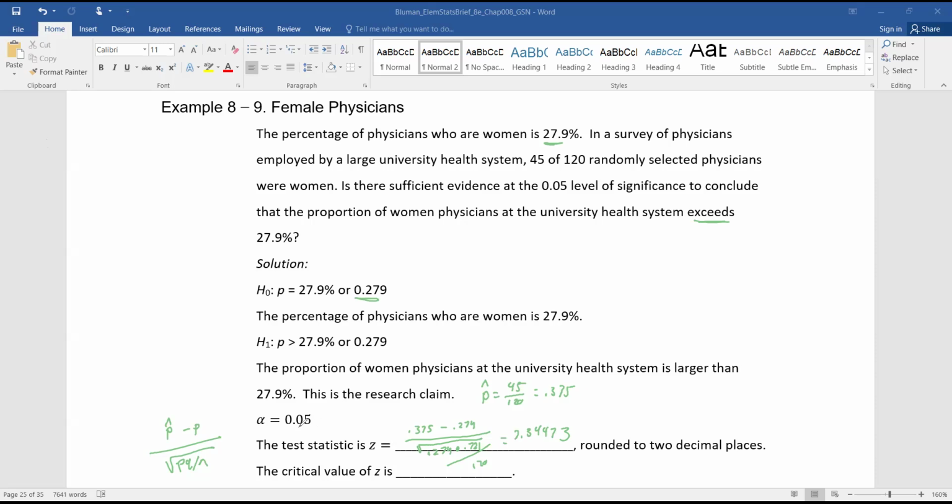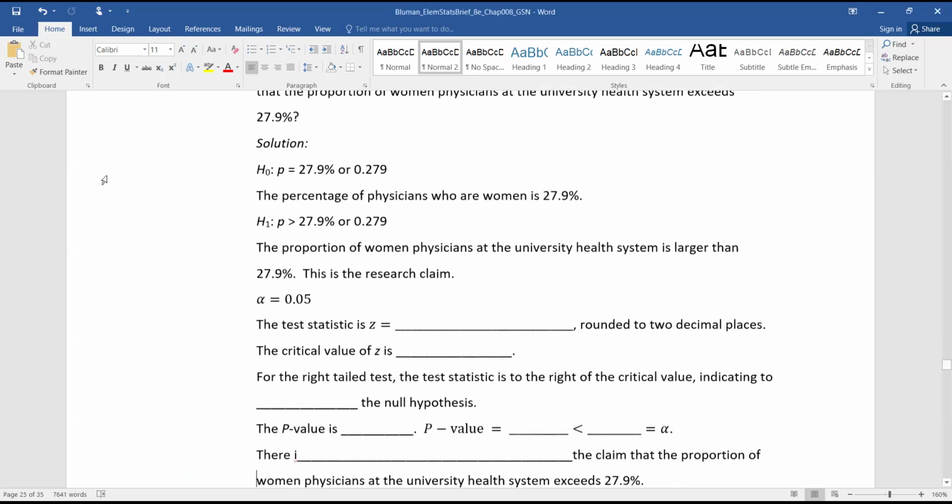All right. So the critical value of z for 0.05, using table E or just memorizing what it is, is plus or minus 1.65. But since I'm looking at the greater than, I just need to see the right side, so 1.65 is my critical value.